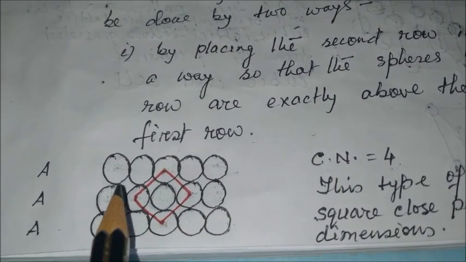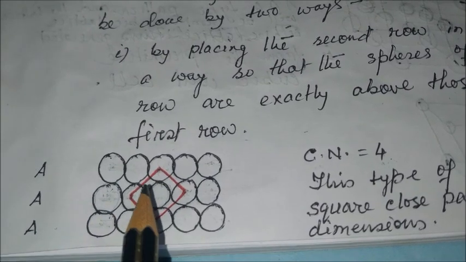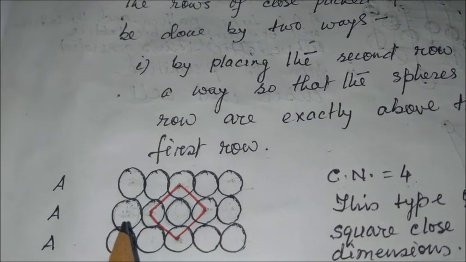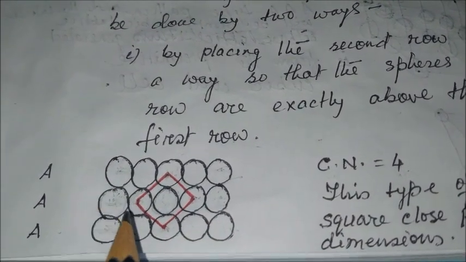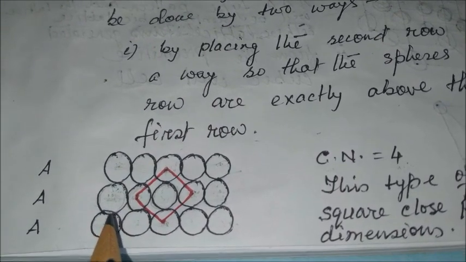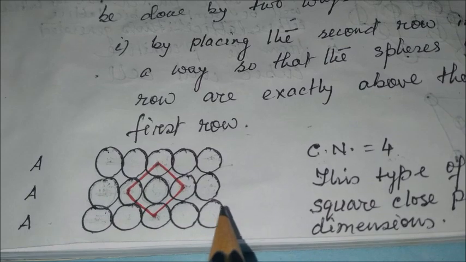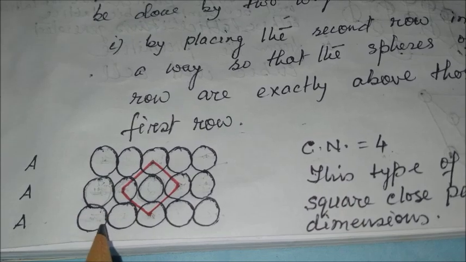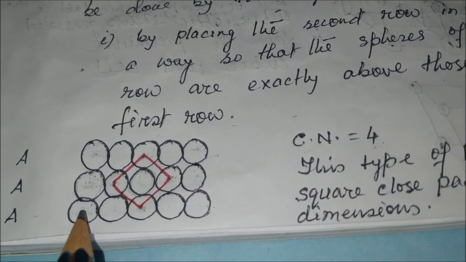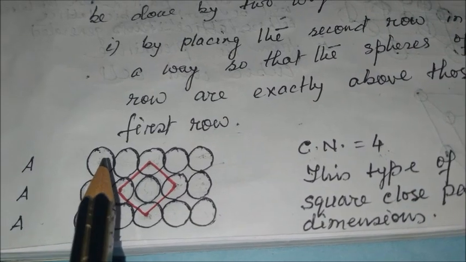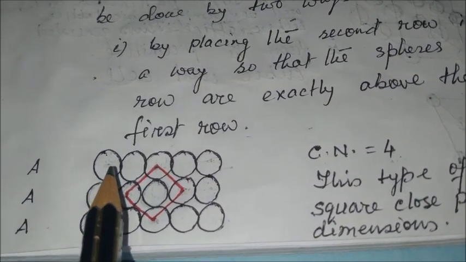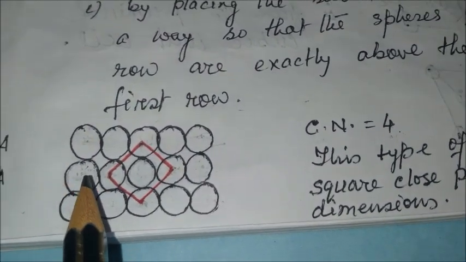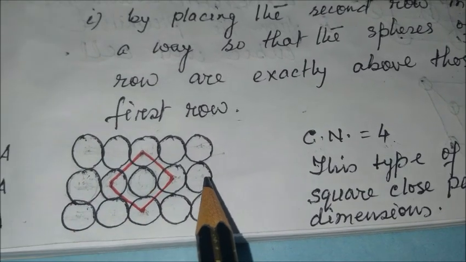In this case the spheres of the second row are just above the spheres of the first row. Now come to this third row. You will see that the spheres of this third row are just above the spheres of the second row.